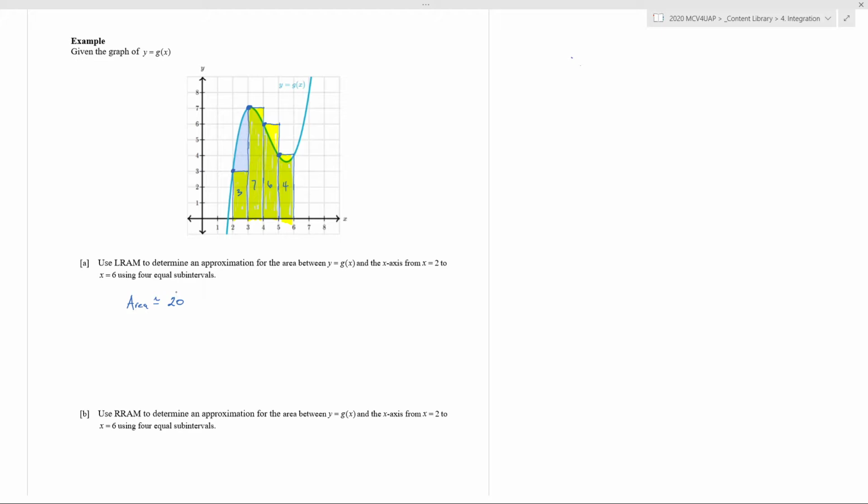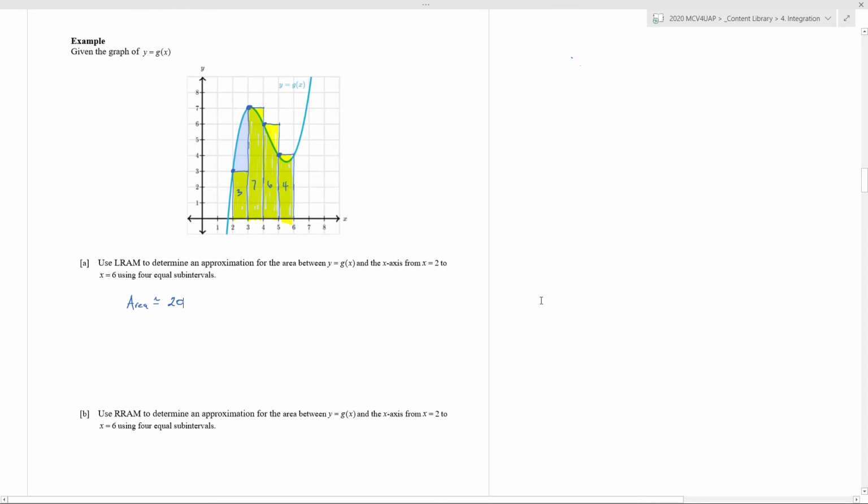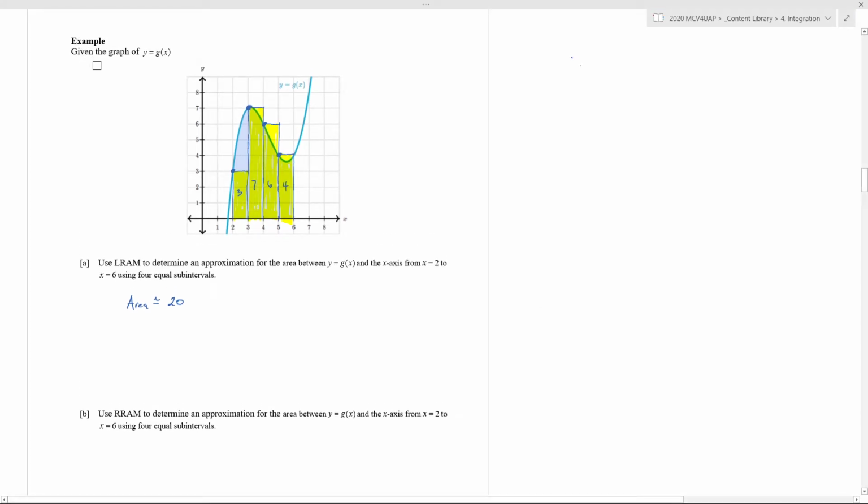Now we can do the exact same thing for RRAM. I'll have to erase that and do RRAM. But the point here is just so that you understand how this works. So I'll go through that process. I'll erase this.